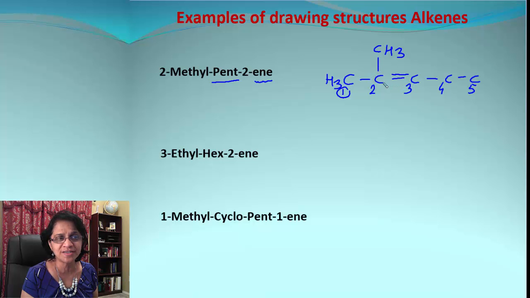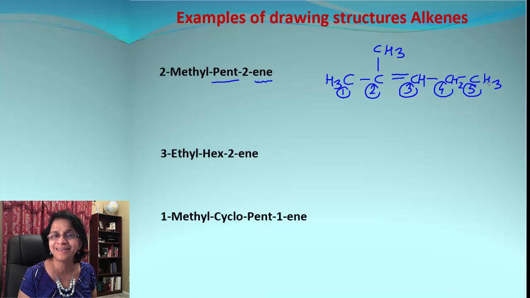All the 4 bonds are satisfied, so it will not take any extra hydrogen. Let's look at the third carbon atom. We've got 3 bonds satisfied, which means we need one more hydrogen there. For the fourth one, we've got 2 bonds there, so we need CH2. And for the fifth one, we need all 3 hydrogen atoms. So that's what we've got: 2-methylpent-2-ene.